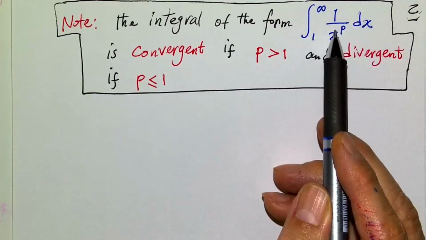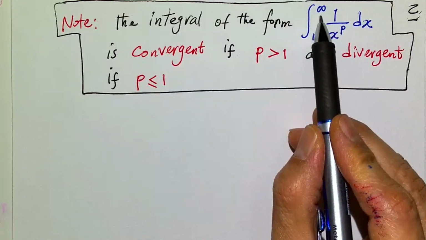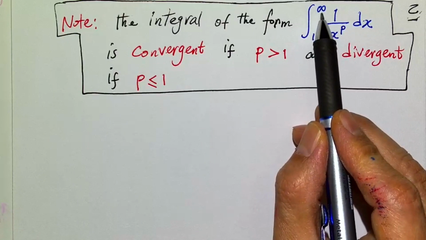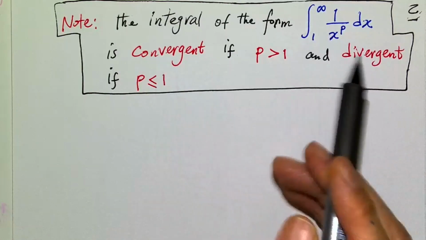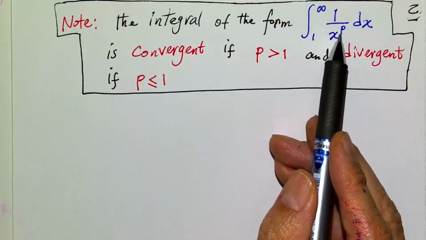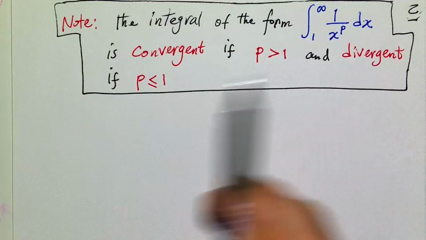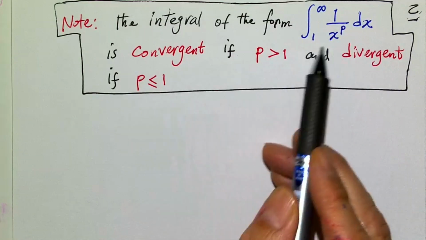If you have an integral of this form, which of course is an improper integral of type 1, because one of these limits is already set to infinity, then this integral is convergent if this power is greater than 1, and divergent if p is less than or equal to 1.